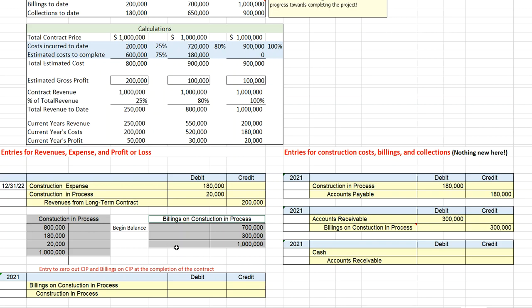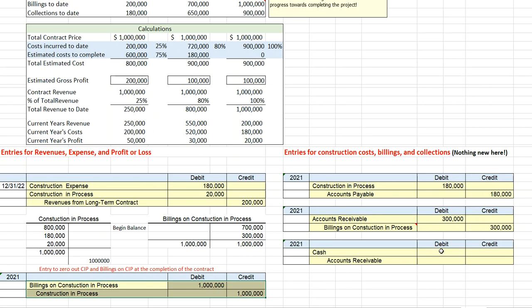Once we've completed our contract, we of course want to zero these out. So we're going to need to credit construction in process for $1 million. And to close out our billings on construction in process, we would need to debit it for $1 million. That will effectively zero out our construction in process and billings on this particular job.